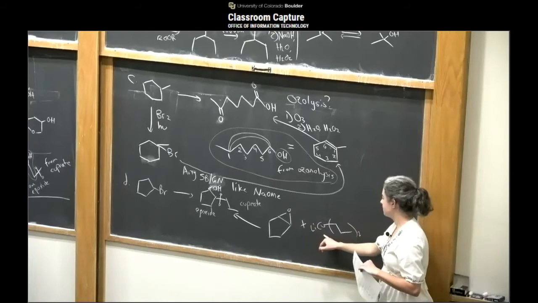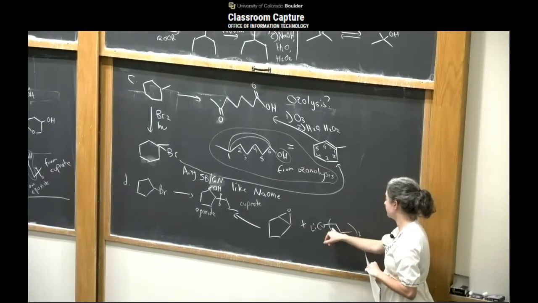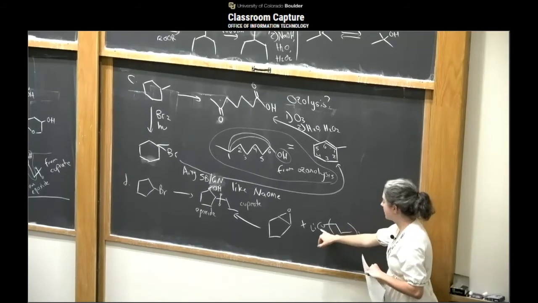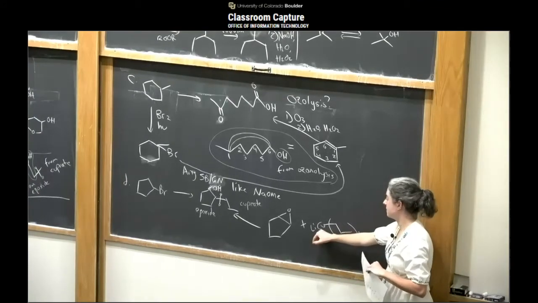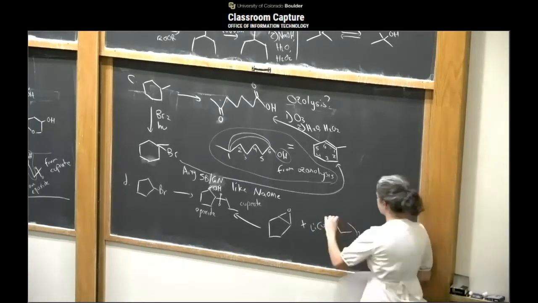Since I'm just rolling up with this cuprate with 3 carbons on it, or 2 groups of 3 carbons on it, I am actually totally okay to not show this being formed at all. I'm just bringing this in as a separate reagent that's all ready to go.